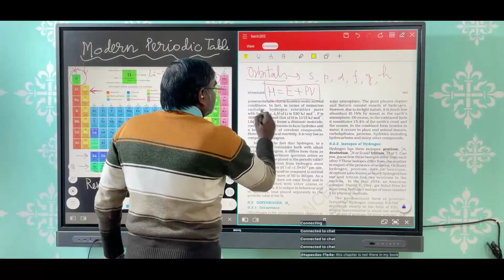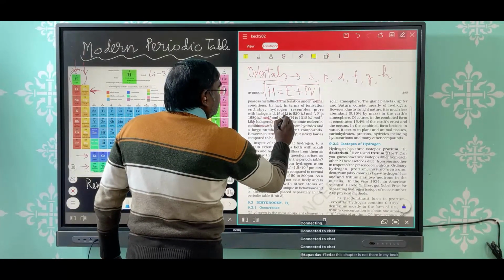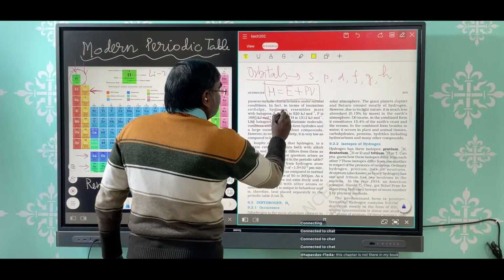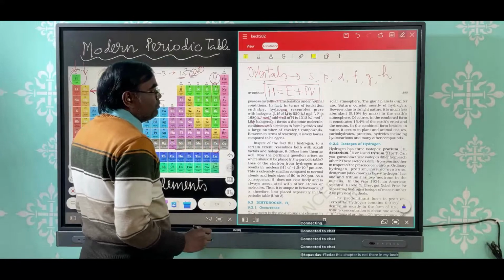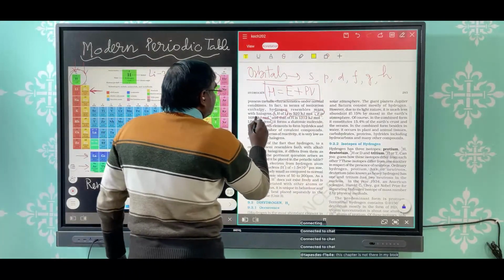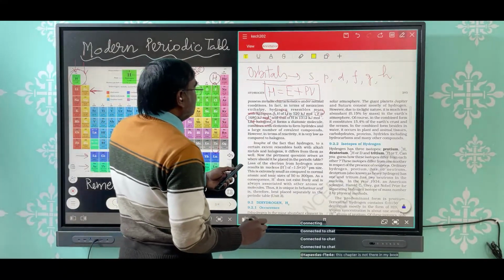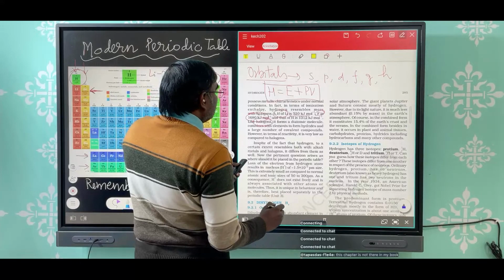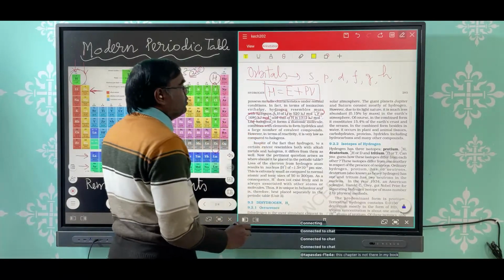In terms of ionization enthalpy, hydrogen resembles more with halogens. The delta H of lithium is 520 kilojoule per mole, and fluorine is 1680 kilojoule. Hydrogen's enthalpy is 1312 kilojoule.